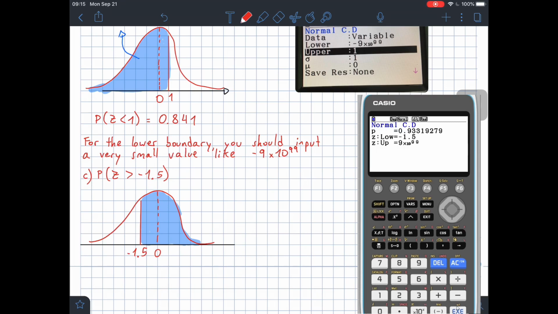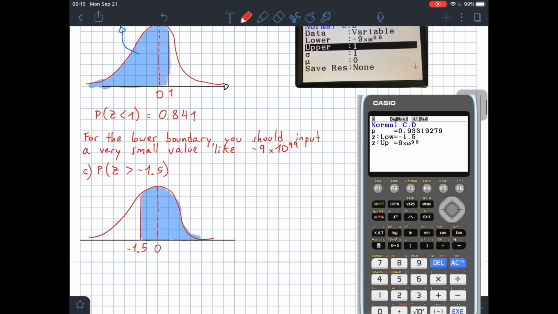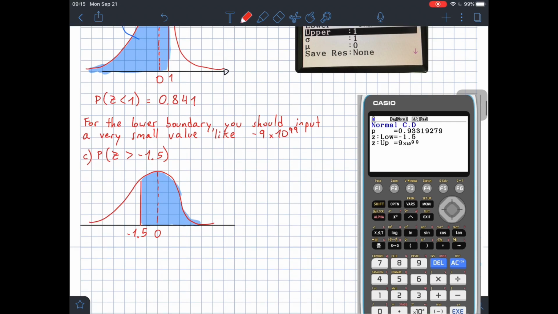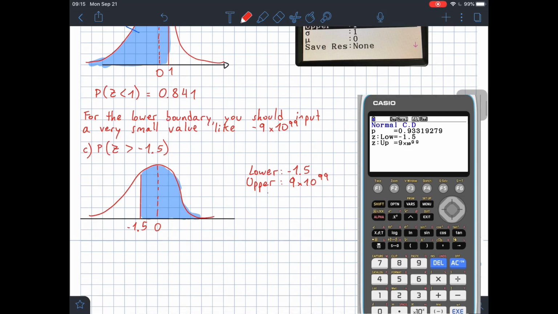We click on execute, and there we have the probability. So the probability, let me write the information here. We're going to put as lower -1.5. The upper would be 9 times 10 to the power of 99. The standard deviation is 1, and the mean is 0.